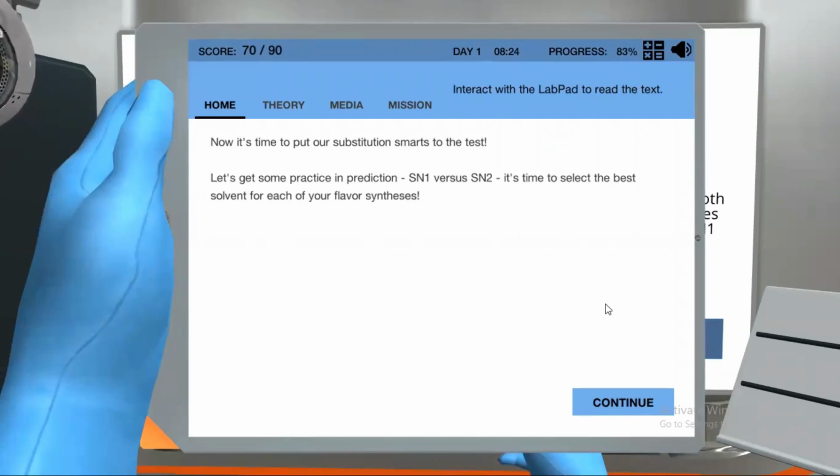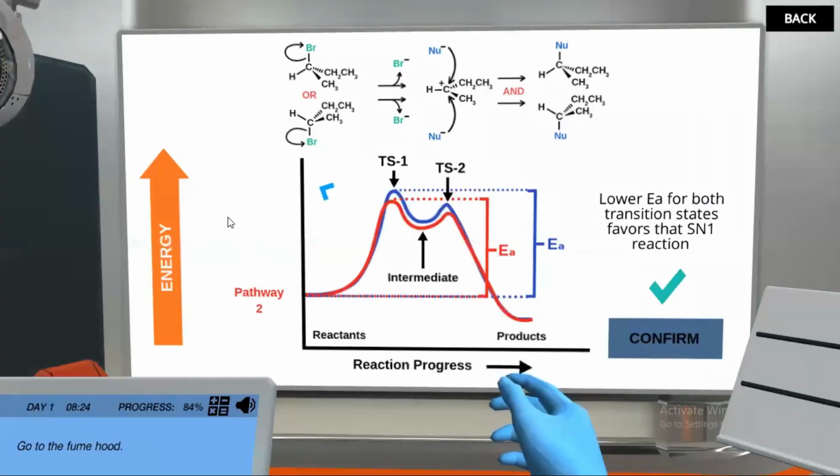SN1 versus SN2. It's time to select the best solvent for each of your flavor syntheses. Go to the fume hood.